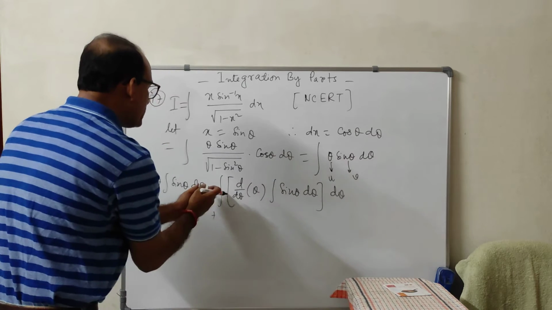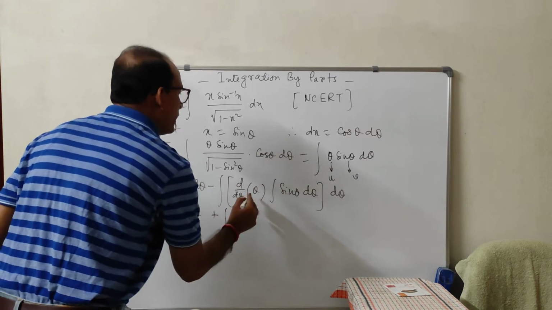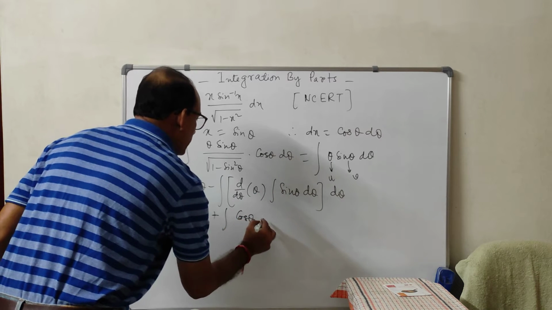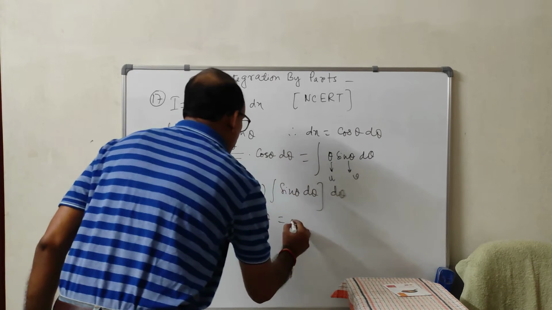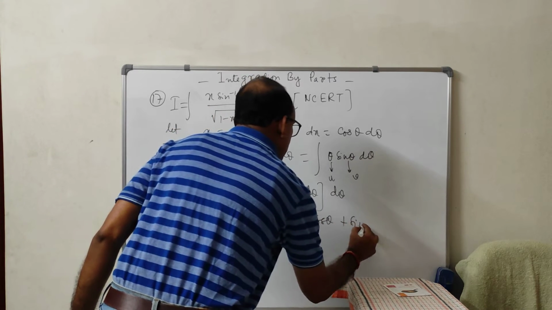So these two minus resulted in plus here. So 1 cos theta d theta equals minus theta cos theta. This is plus sine theta.